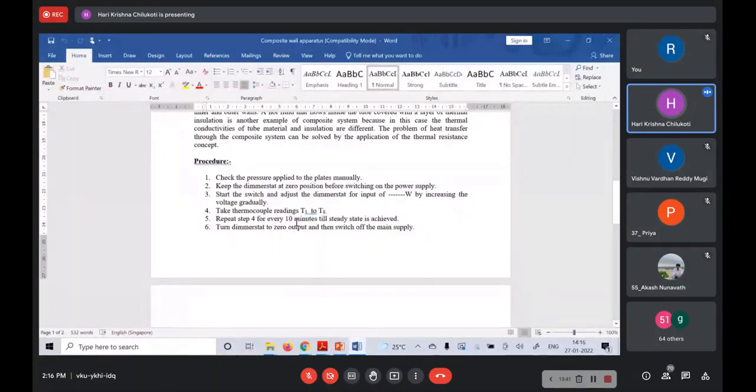After doing that, we take down the thermocouple readings, that is 1 to 8, every 10 minutes. And once the system has reached the steady state, then we turn the dimmer stat to zero output and then switch off the main power supply. And we have finished the particular experiment.